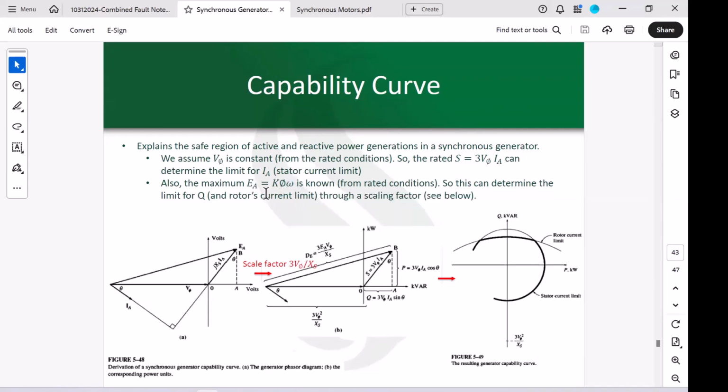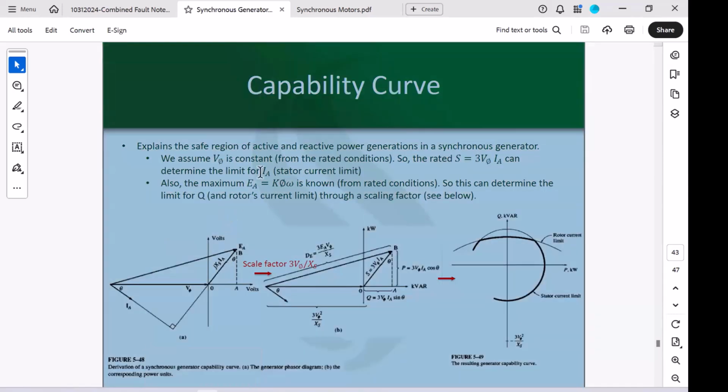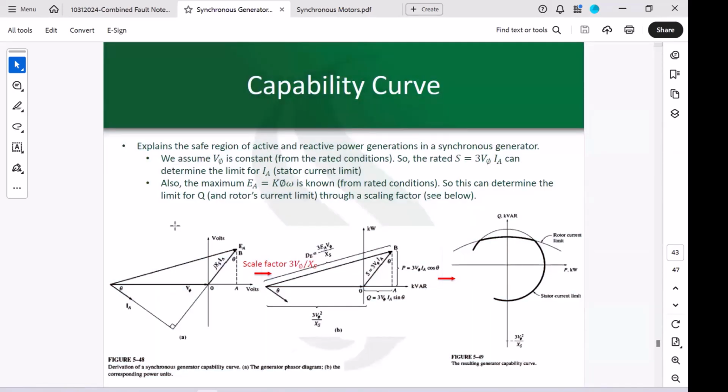Then you can relate the limit for Q through this, because you know that in order to change Q, you should change EA, right? If you're assuming that omega is constant, then EA, the armature voltage, phi, and Q would be interconnected with one another. Okay. Now, how you find this curve through this is through a scaling factor.